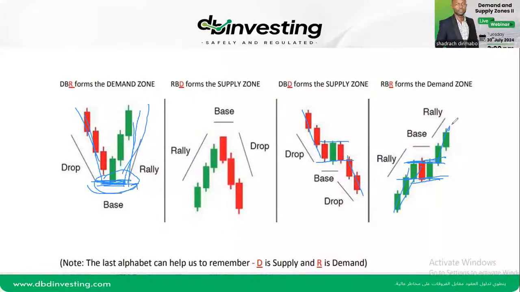Then for supply zones, the basic formations, we have the rally base drop. That is, we are looking at a scenario where the market pushes up and on getting to a certain resistance point, it began to drop.